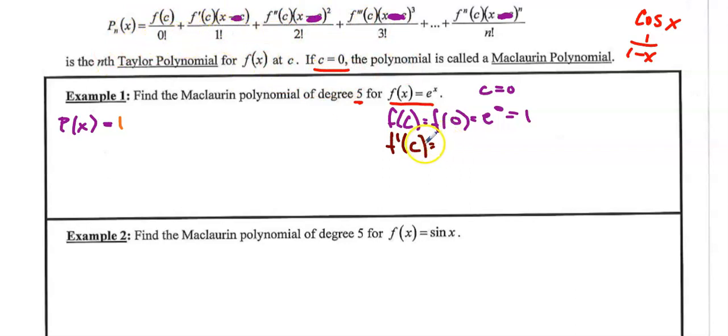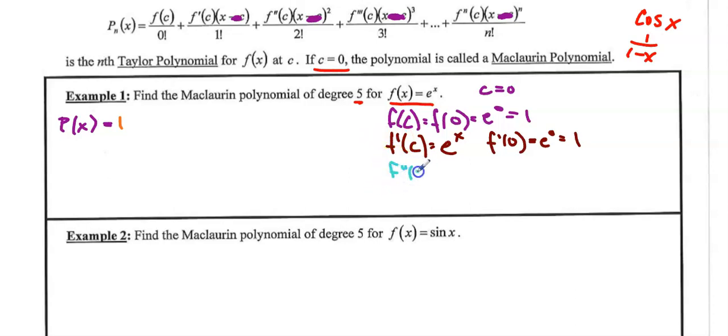Our first derivative of this is just going to be e to the x. I know c and x are relative, I could do a c here, it doesn't really matter, but my first derivative in terms of x is e to the x. If I want to find f prime of 0, again I get 1. For this example, I don't need to spend too much time on it.